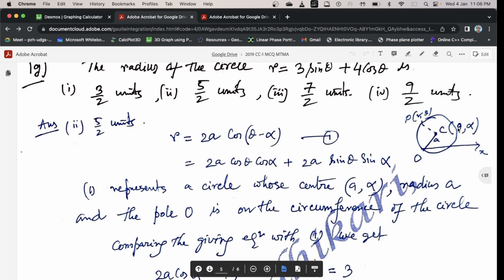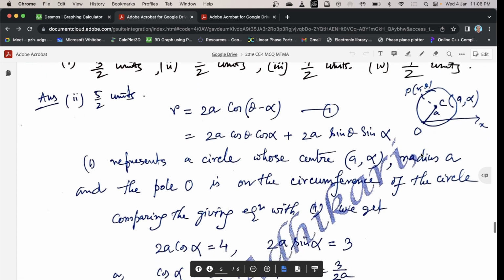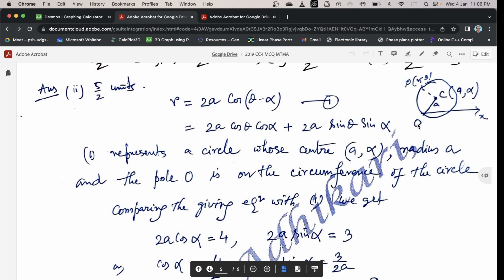C is the center, the radius vector is a. So O is the pole. So OC is equal to a units, and the vectorial angle is alpha. The polar line is this OX axis, the initial line, the radius is a, and the pole O is on the circumference of the circle.